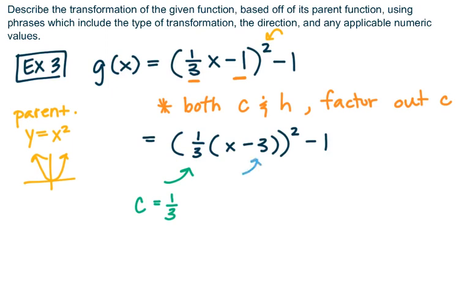My h value on the inside, h is going to equal positive 3. And then my k value equals negative 1. All right, so like I said, when c and h are both occurring, you always want to factor that c out. See, notice it's still all grouped in my parentheses.